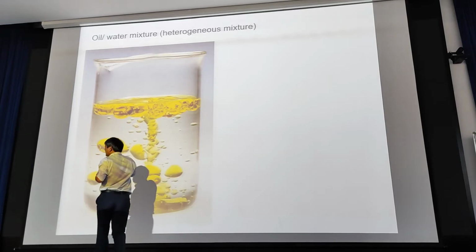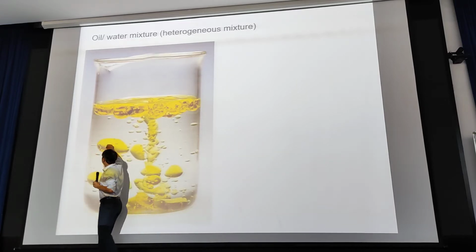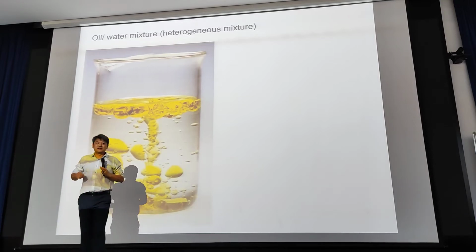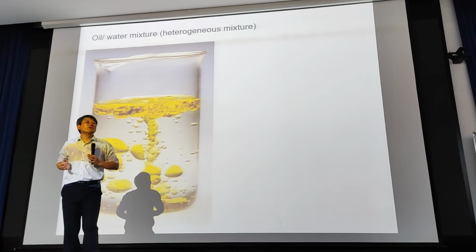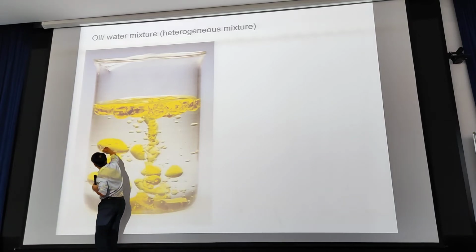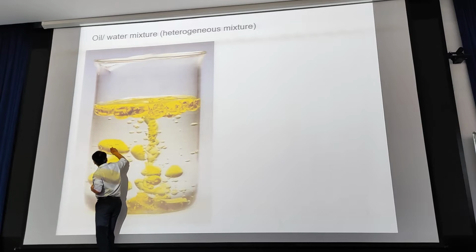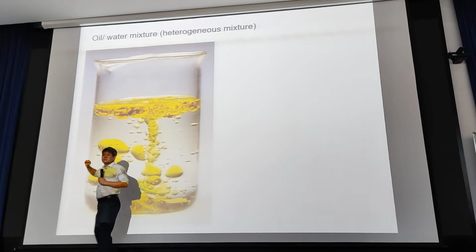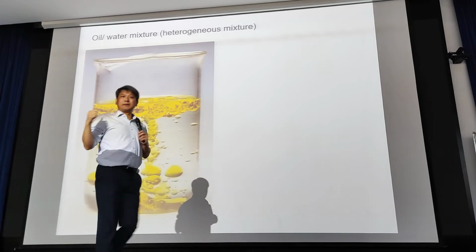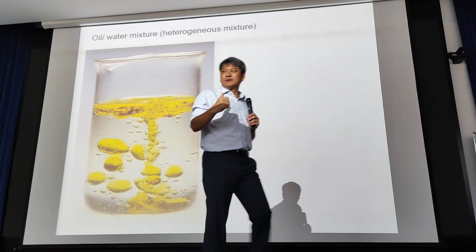And in terms of the physical property, this point and this point are not similar, right? The surface tension, the surface energy will not be the same. And you are able to define the border between this matter and this matter. Okay? So this kind of mixture we call heterogeneous mixture. Is it clear?